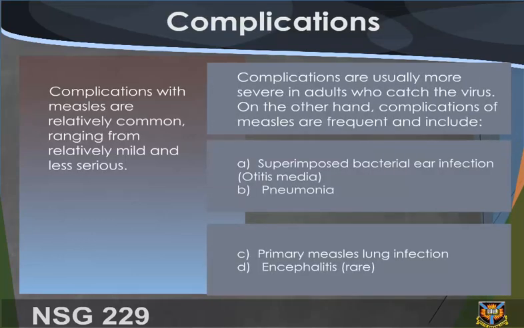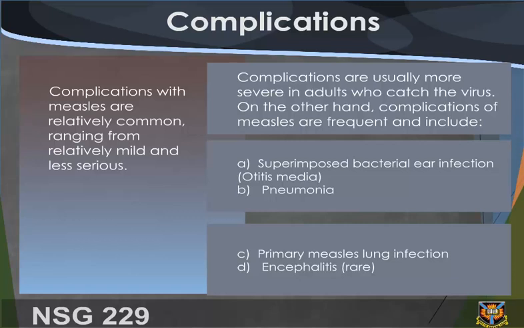Complications. Complications with measles are relatively common, ranging from mild to more serious. Complications are usually more severe in adults who catch the virus. Complications of measles are frequent and include: A. Superimposed bacterial infection, otitis media.